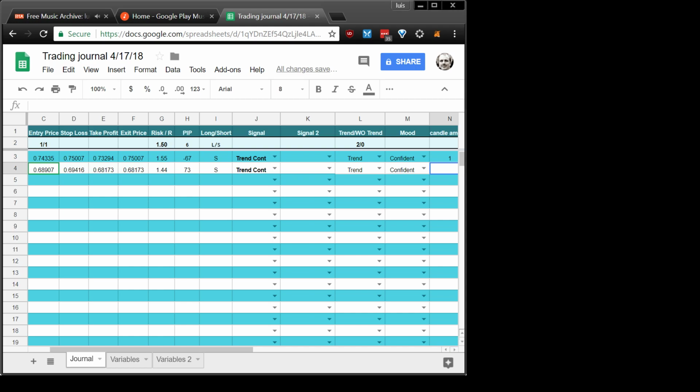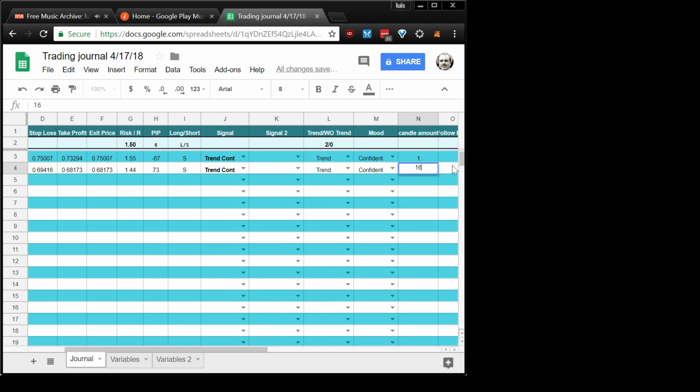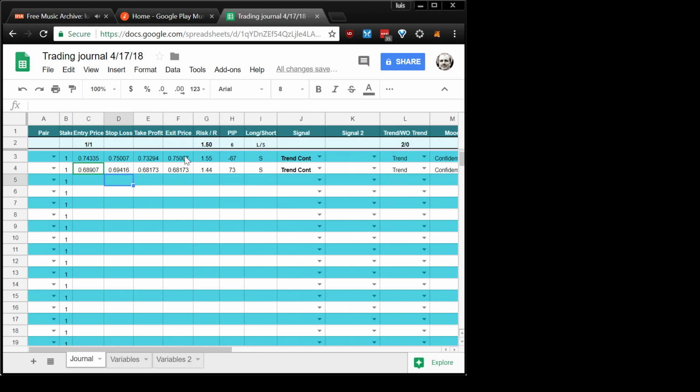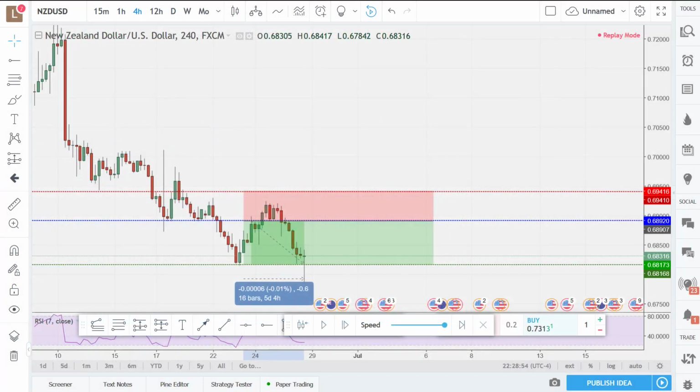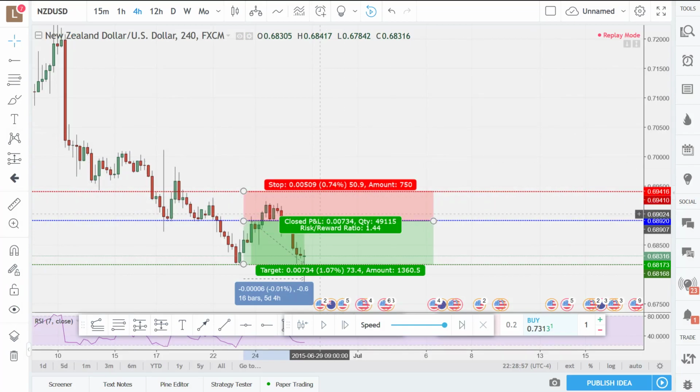I could do it with the shift key. 16 bars. So that's it. That's what I do here over and over again.